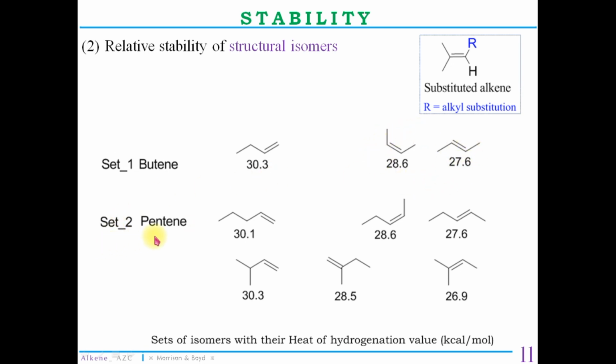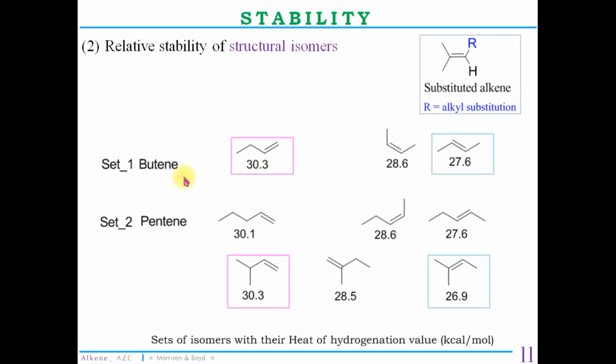In the second set, an example of pentene, the first isomer has a heat of hydrogenation value of 30.1, the second isomer 28.6, and likewise we have possible structural isomers with their heat of hydrogenation values.